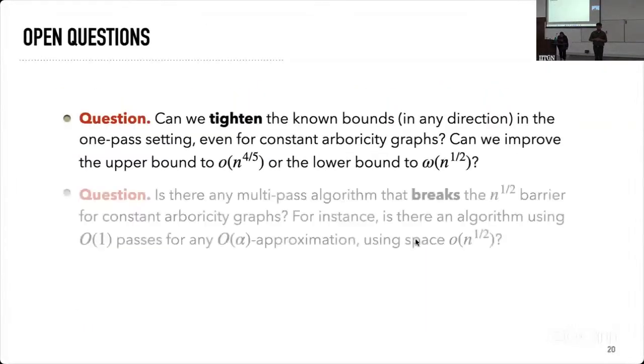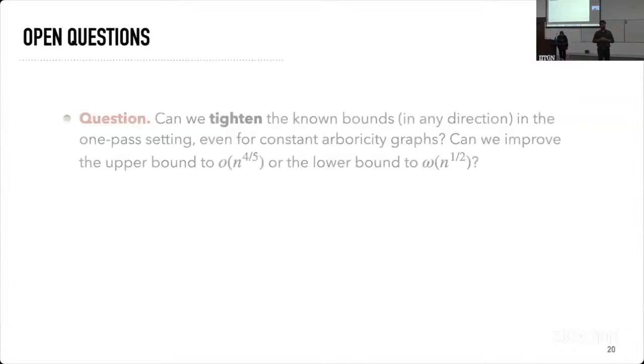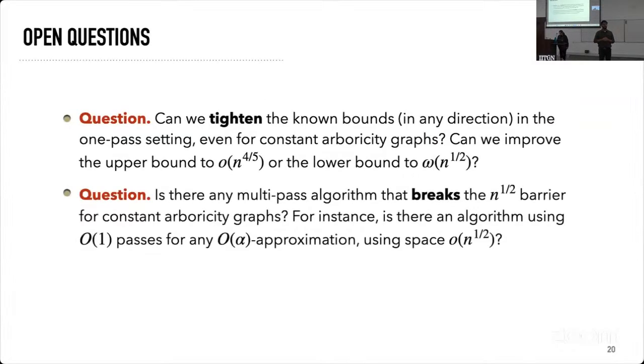Have we tried the known lower bound? I think the question is whether the known lower bound is on the space used. It is on the space used. The only known lower bound is for one pass, on the space, and it is like root n over alpha to the 2.5 or something like that.